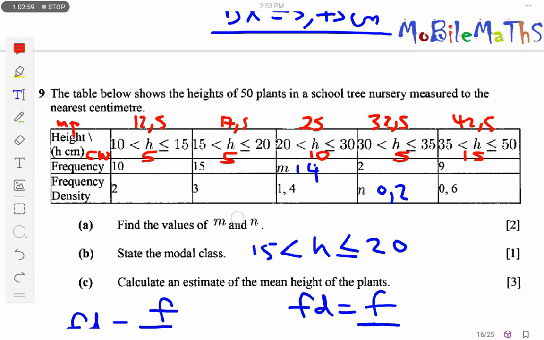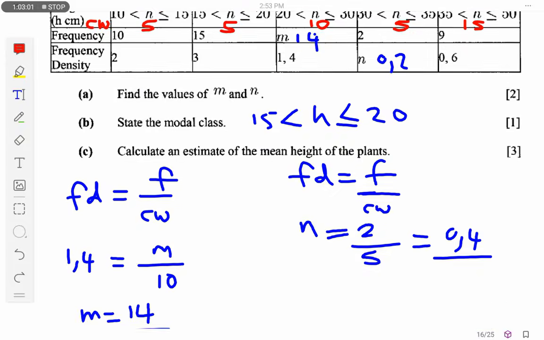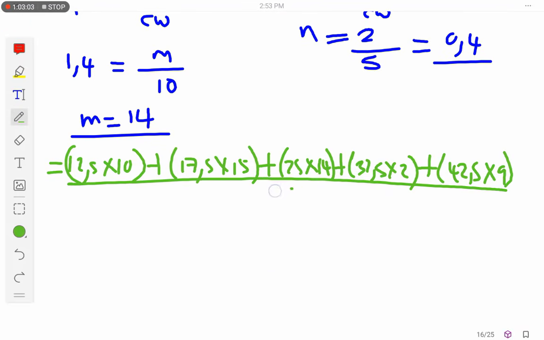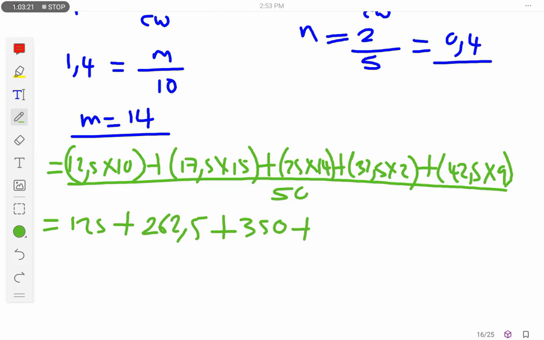The total number of plants was 50 there. Our total students was 50. So if we do this, we are getting 12.5 times 10, that's 125, plus 17.5 times 15, that's 262.5, plus 25 by 14, 350, plus 32.5 times 2, that's 65, plus lastly 42.5 times 9, that's 382.5.